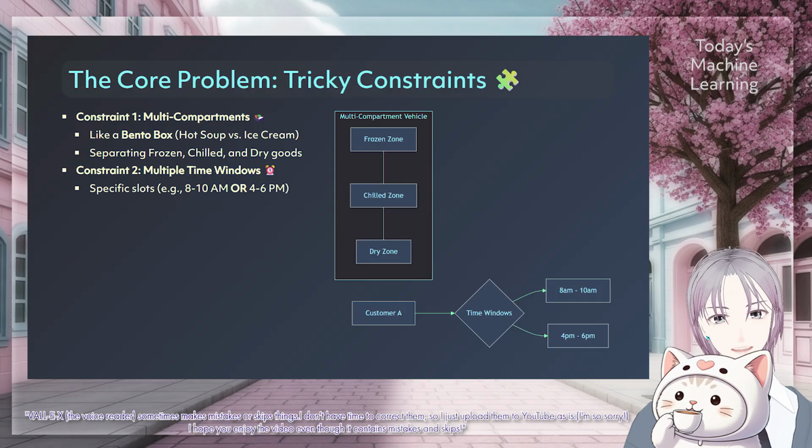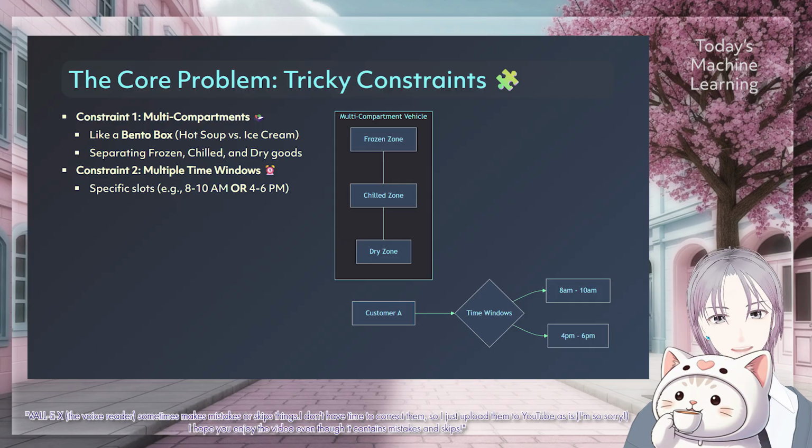Think of a bento box or a lunch tray. You cannot put the hot soup in the same section as the ice cream, or everything gets ruined. In the logistics world, this means a single truck might need to carry frozen food, chilled food, and dry goods all at once, but in separate sealed sections. Think about a fuel tanker carrying different types of gasoline that can't mix.